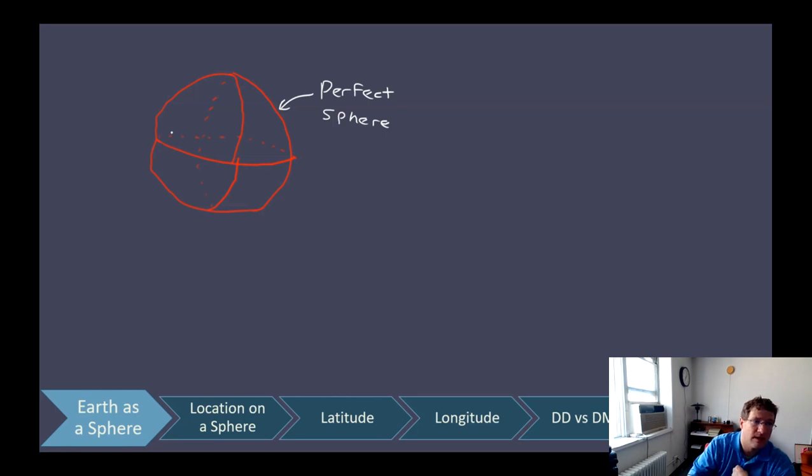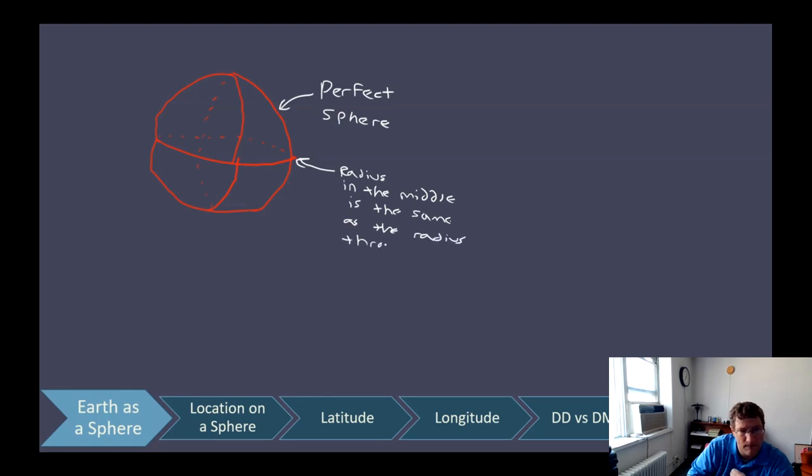What we mean is that the radius of the sphere, or the radius of the Earth, is the same around the middle as it is going from pole to pole. So when we say perfect sphere, what we mean is that the radius in the middle is the same as the radius through the poles.